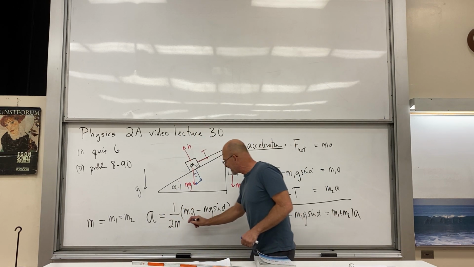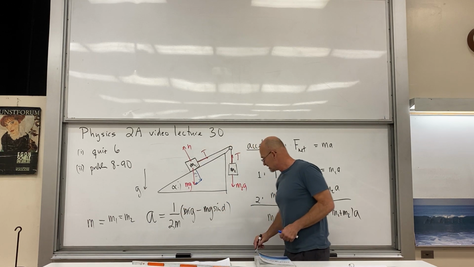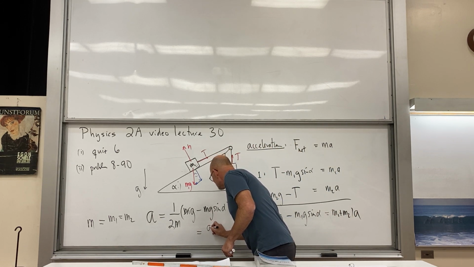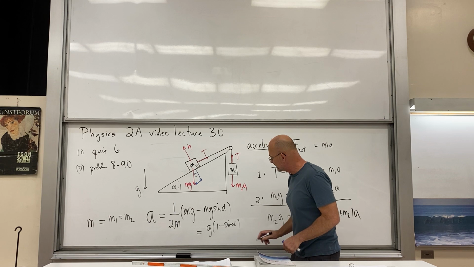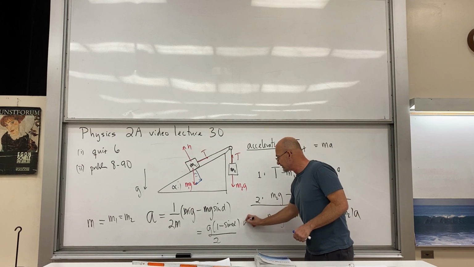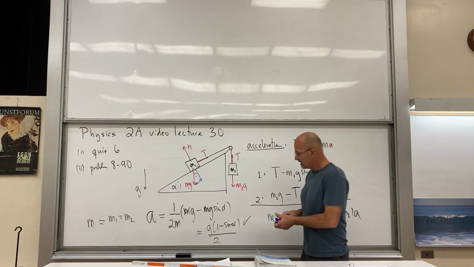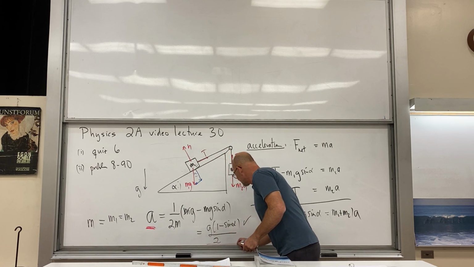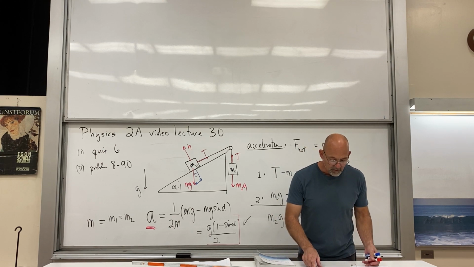And you'll see the masses cancel, and G is a common factor. I'll put that right down here. Equals G times 1 minus sine of alpha, divided by 2. So there's our answer. G's factored out, 1 minus sine alpha over 2. That is the answer. So that was quiz number 6.